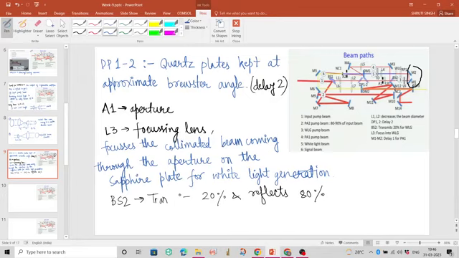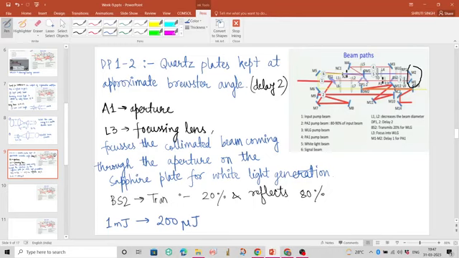So it came from the input, which was 100%. So suppose this one is 1 millijoule. Out of 1 millijoule, 80% gets reflected here. So 20% went in. So that is 200 microjoules. 200 microjoules was here in this path.